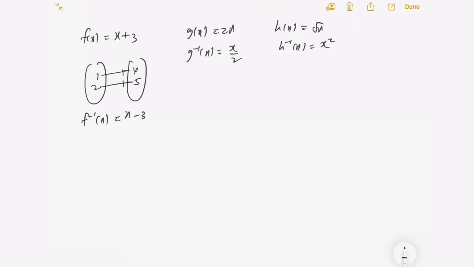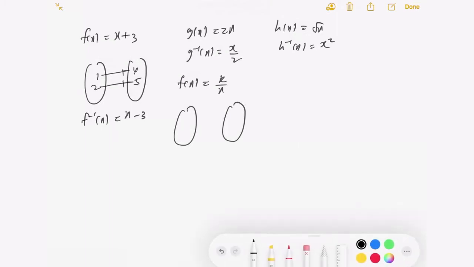Now, however, there are two functions that are a bit unique: the reciprocal and the k minus x. Let's say the first one is k over x. When you inverse it, the function is the same as the inverse. Maybe I just give you a simple example. Let's say this is 6 over x.